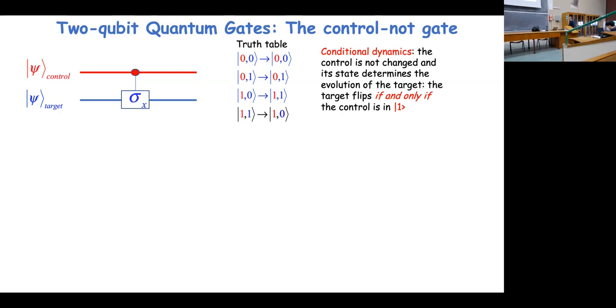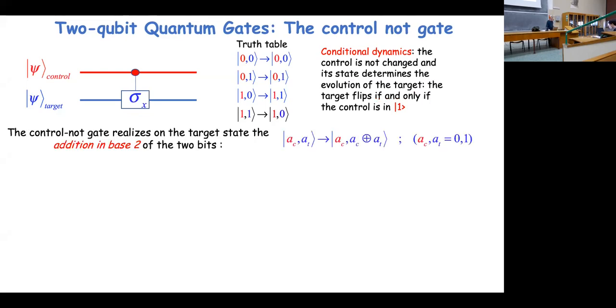And this is what I have written here. This is called the truth table. You see 0, 0 gives 0, 0; 0, 1 gives 0, 1; but 1, 0 gives 1, 1; and 1, 1 gives 1, 0. And this gate is interesting because it realizes the addition modulo 2.